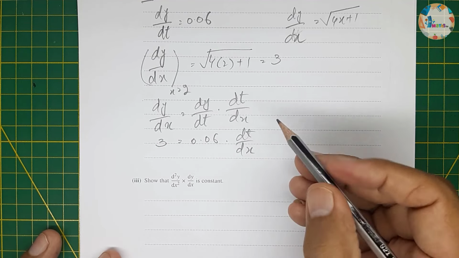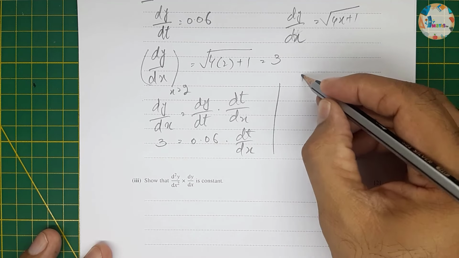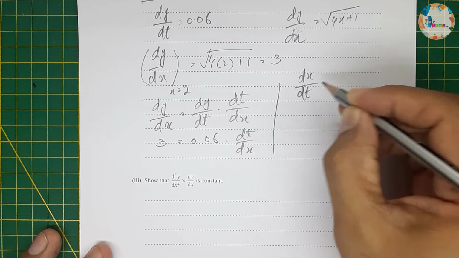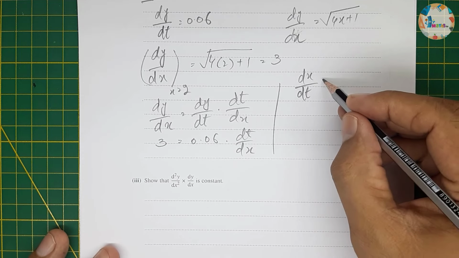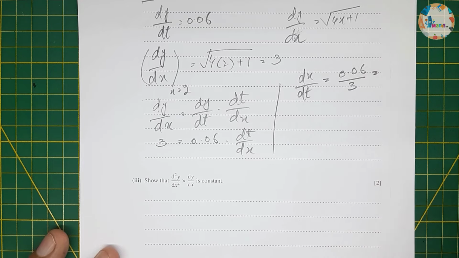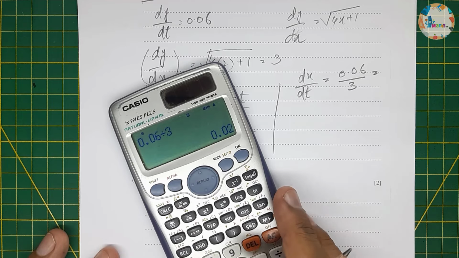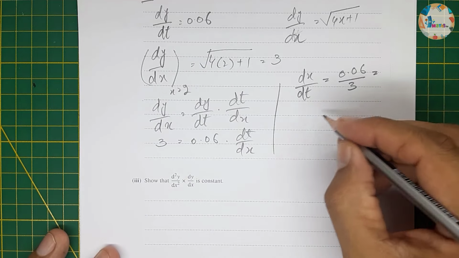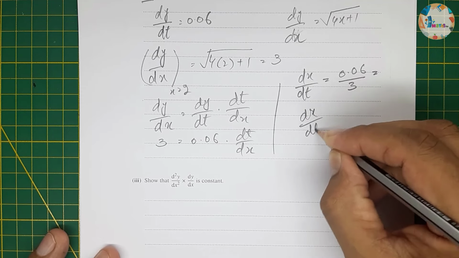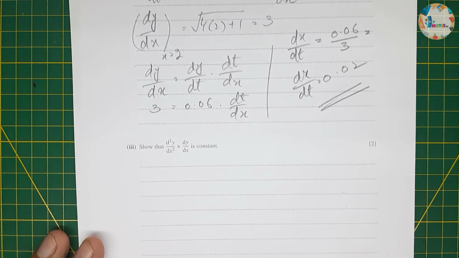Now we can shift this to this side and this one to this side, so dx by dt will be equal to 0.06 divided by 3, which is 0.02. So dx by dt will be equal to 0.02. This will be our final answer.